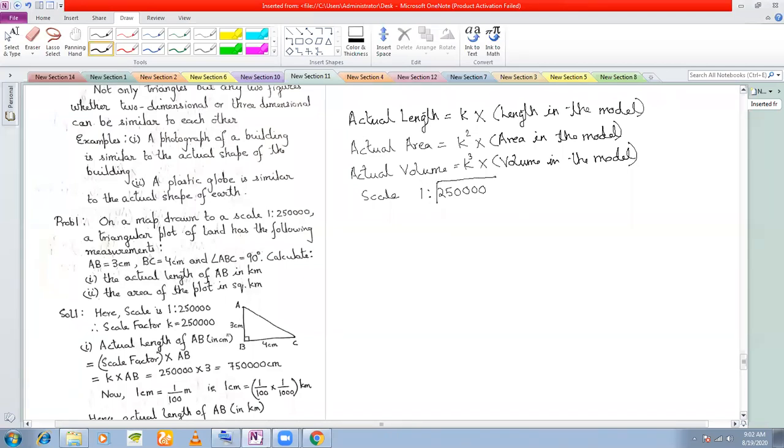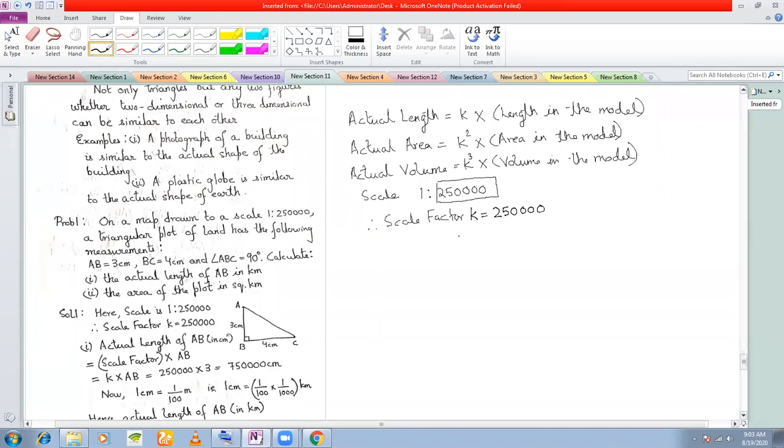If the scale is 1 is to this, this is the scale factor. Therefore, scale factor, let's write this as k, equal to 2,50,000. Now we shall work with this k.